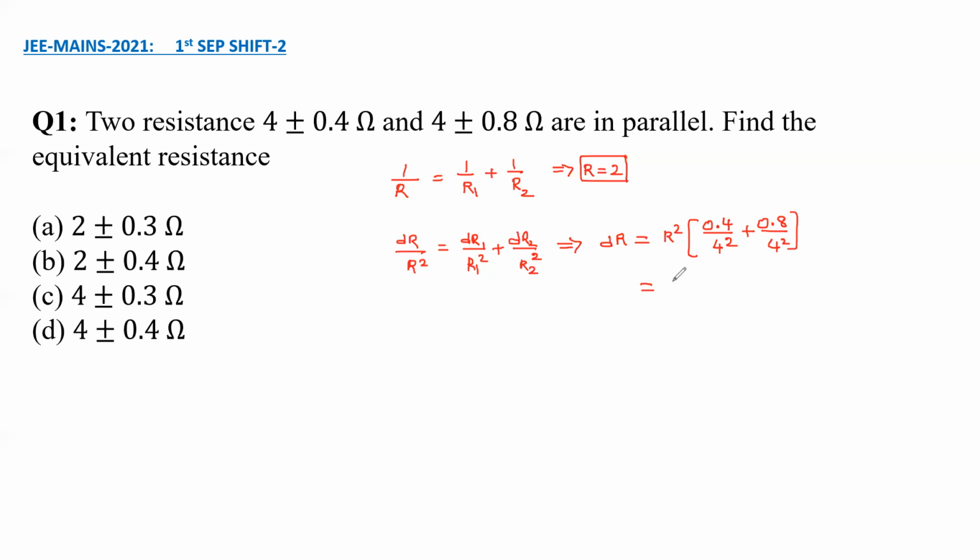R square is 4, so we will get dR as 1 by 4 times 0.4 plus 0.8, which is 0.3. And therefore the answer to this question is 2 plus or minus 0.3. So option A is the correct answer. I hope you are clear with this.